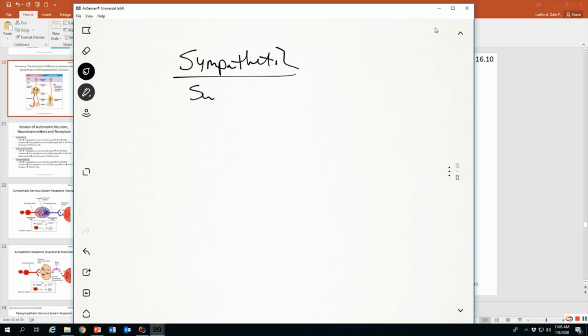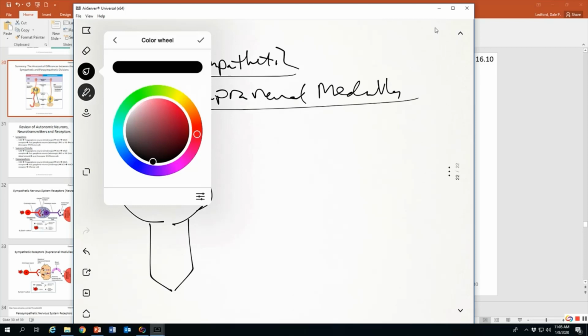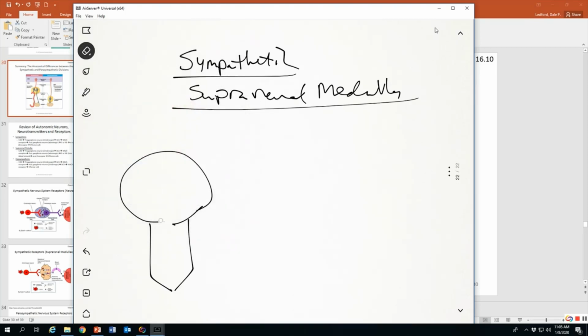Now, the other sympathetic pathway we saw was the suprarenal medulla, and it is a little bit different.